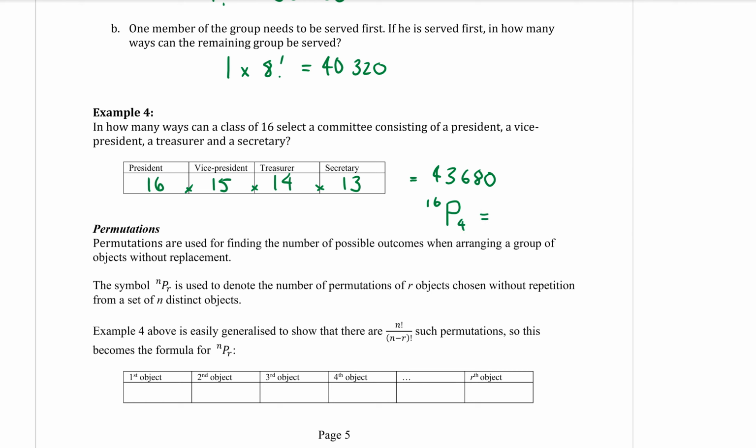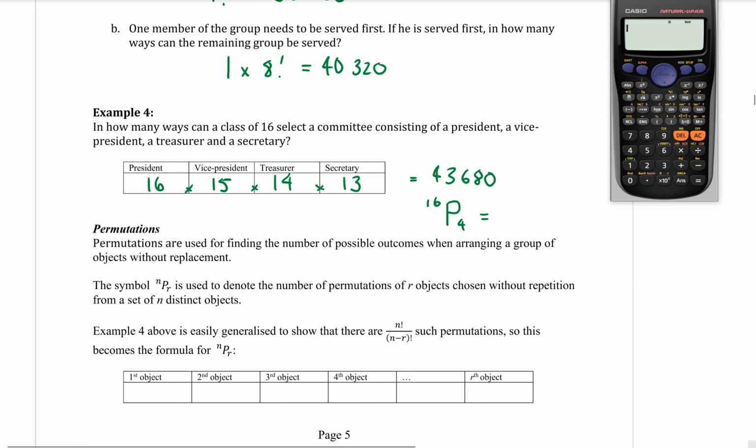So on your calculator, you type in the 16, then you need to press Shift and the times button. Okay, because you see behind that times button, you can see the little P, the nPr behind there. Okay, and it brings up a P, and then you just type the 4 and press equals. Okay, and it will do it for you. It gives you the exact same answer.